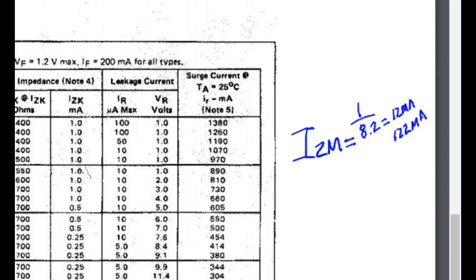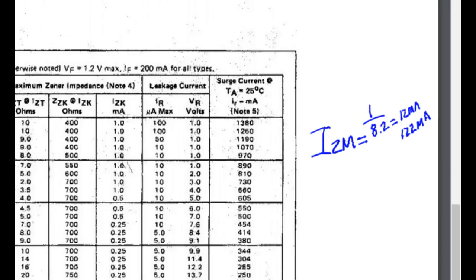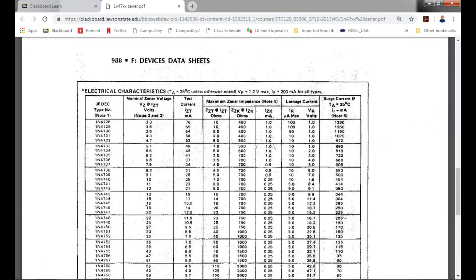Are you okay there? Questions on there? We okay? What's on the end? 122 milliamps. That is 122, I guess. I didn't do the math.